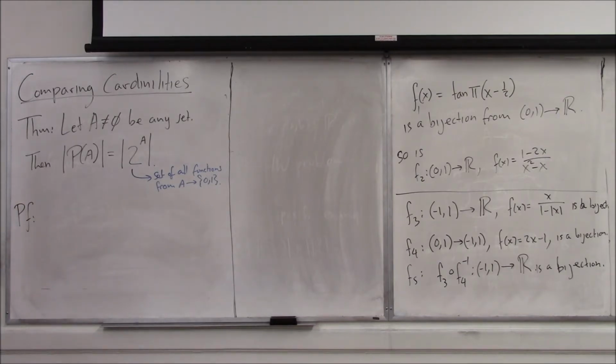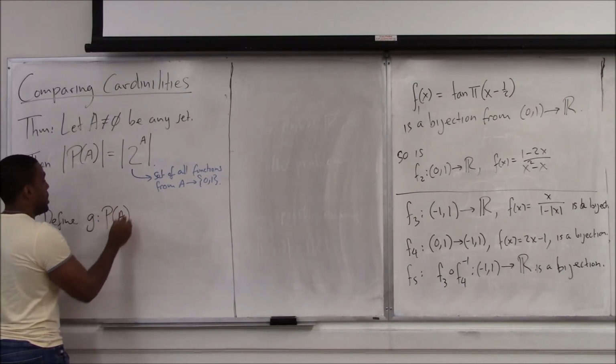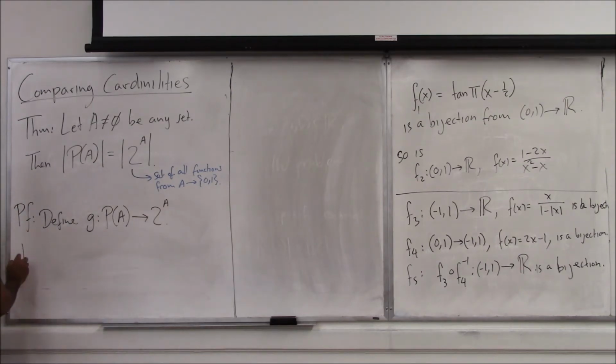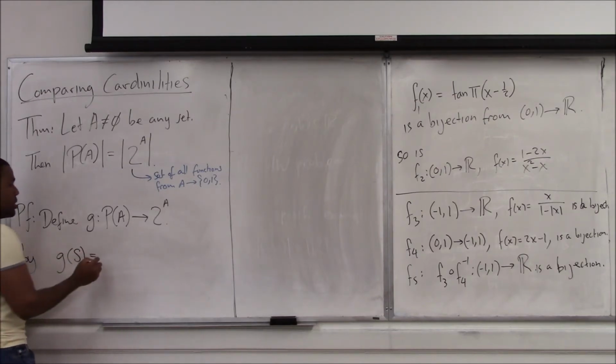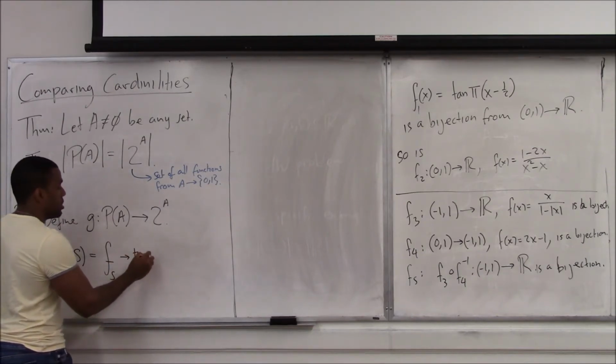Proof. Let's define a function G from the power set of A to the set 2 to the A by G of S equals F sub S, that is the indicator function.